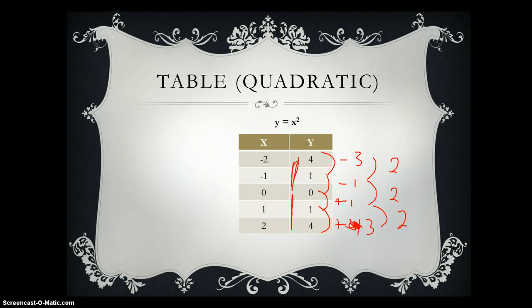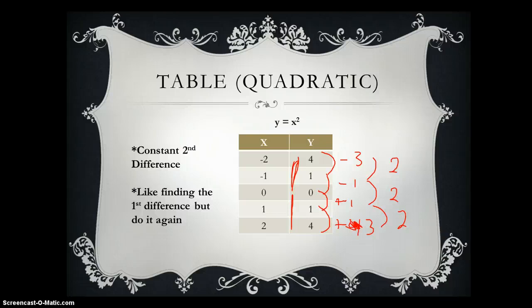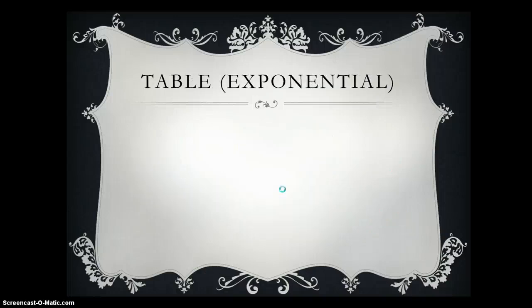So in quadratics, if you have a constant second difference, that is classic quadratic, as well as that mirroring effect around this part right here in the middle. When we get into our quadratics unit, we're going to look more at why that happens and what's going on. And finding the second difference is just like finding the first difference, but after you do it the first time, you do it a second time.